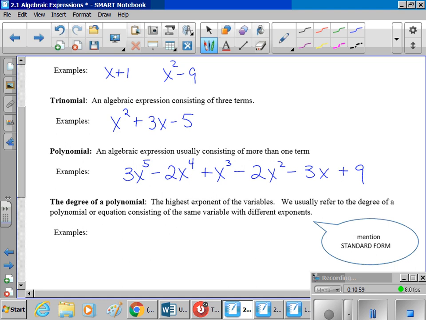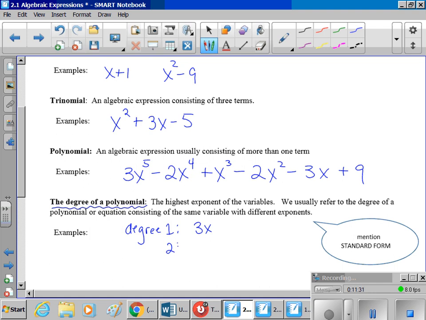All right, so we talked about this a little bit before too. The degree of a polynomial is the highest exponent that's represented inside the polynomial. So we usually refer to the degree of a polynomial or equation consisting of the same variable with different exponents. So for an example, we talked about what degree 1 looks like, 3x.